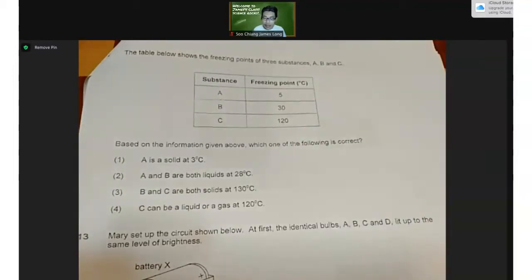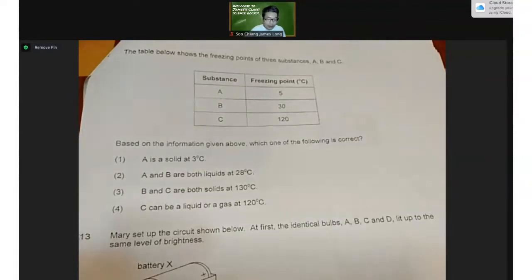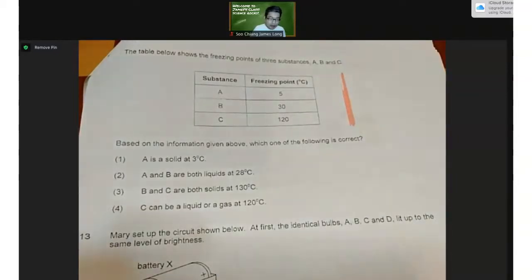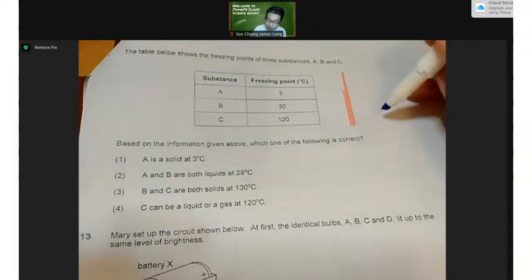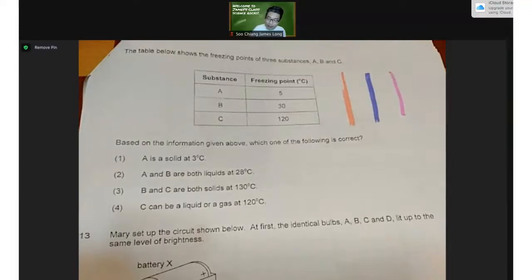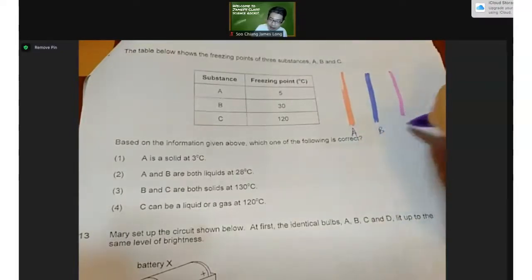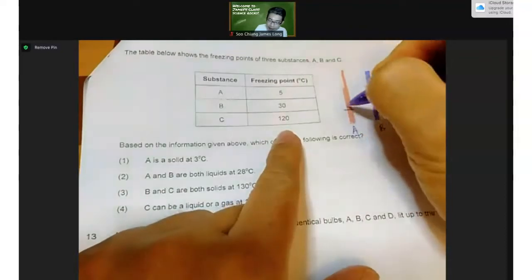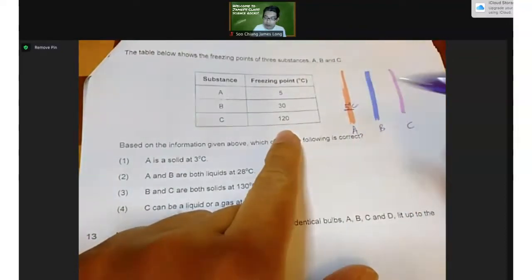Now, you say A is a solid at 30 degrees Celsius. Now, I'm just going to do a very simple working using 3 different colors. So, this line represents A, this one represents B, and the next one represents C. A, B, C. For A, we are told that at 5 degrees Celsius, it will freeze.